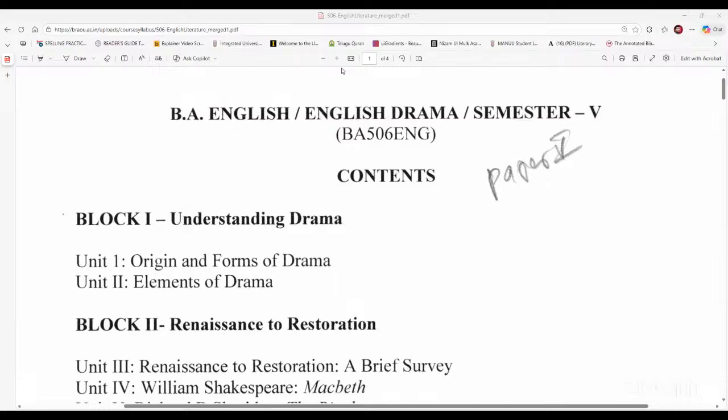But Aristotle ranked this spectacle as the least literary element. We know in the world of modern cinema, this is the most important. Right? Half of the movie is enhanced or improved using VFX. Nothing but spectacle.